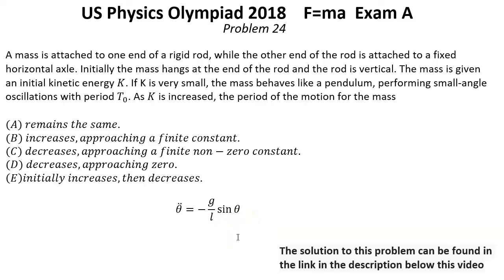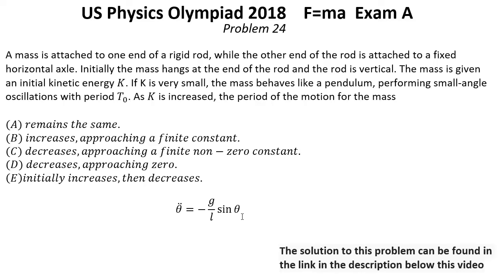For small theta, sine theta is almost equal to theta, and in this case we have a period equal to t0. But when theta is increasing, this function increases not linearly but slower. It means that the restoring force increases slower, and it means that the period will increase.